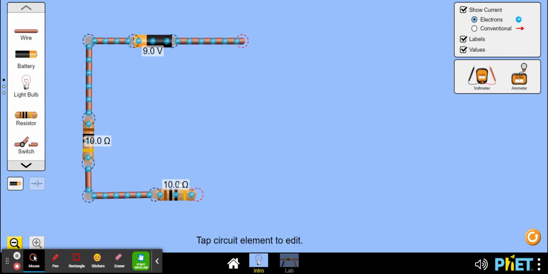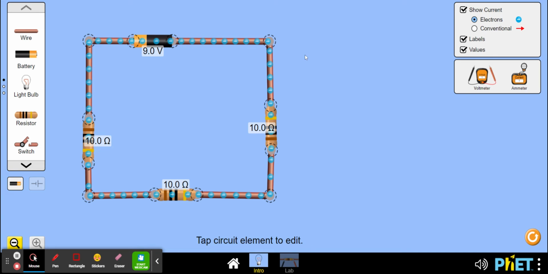Put in another resistor, and then another wire up this way. Bend that. Put in another resistor, so it looks nice and pretty. This is the kind of thing that you would see in a textbook. Like so, and now we've got our current flowing.